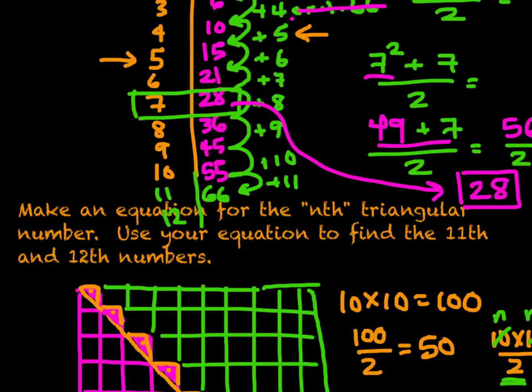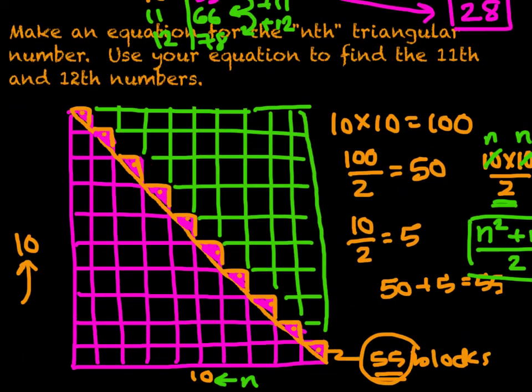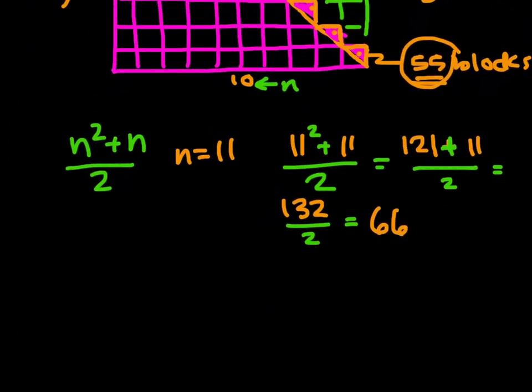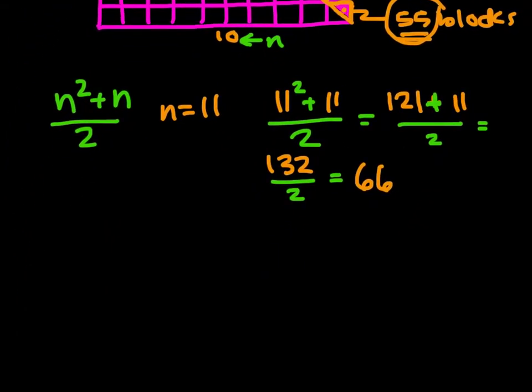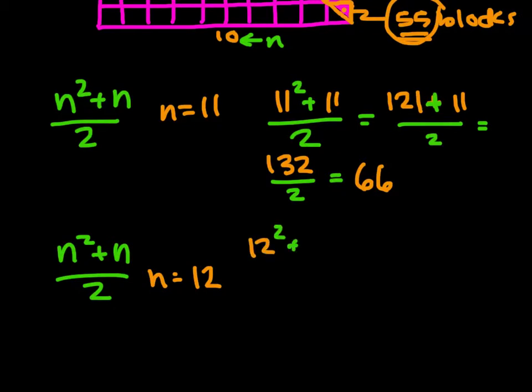Let's predict what my 12th step is going to be. We know we're going to add 12 to this, so we can say 66 plus 12 would get me 78. So let's see if our 12th number would get us 78, and if so, we are set. N squared plus n over 2. Our n is equal to 12. We're going to say 12 squared plus 12 divided by 2 should get me, 12 squared is 144.